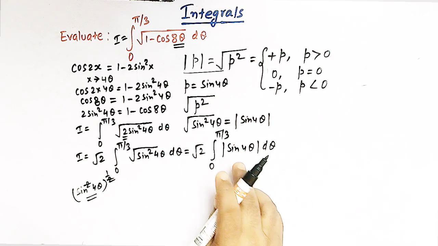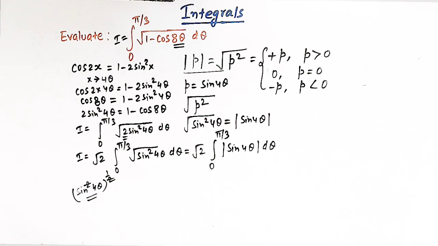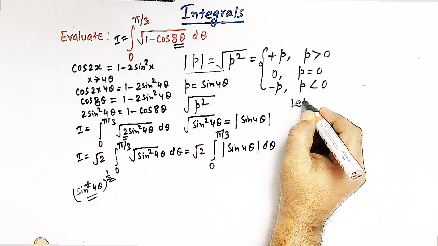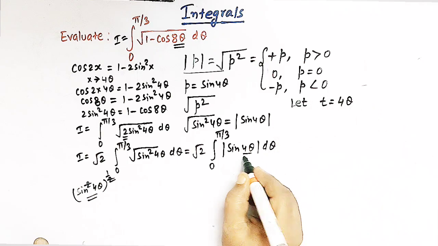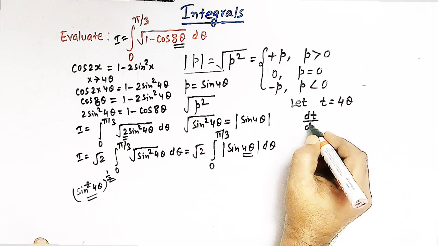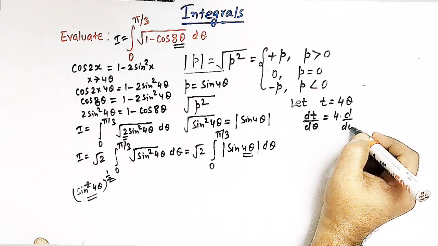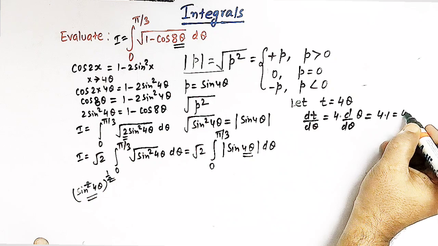So now in the third step, we'll make use of the method of substitution. Integration by substitution method can be used here. So we'll take t equal to 4 theta. So we have dt over d theta is equal to 4 times the derivative of theta with respect to theta. So this is 4 times 1, that is 4.